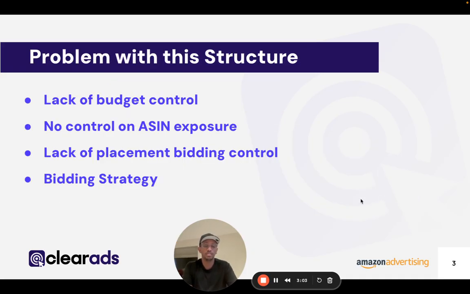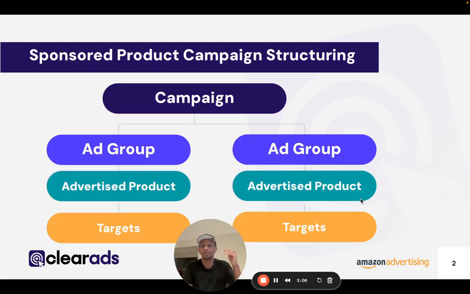And then placement bidding. Placement bidding is done on a campaign level. So if we notice, for example, that one of your campaigns performs really well at top of search, it costs a lot more, but the conversion rates are higher, it's more efficient. If you then adjust your bidding, so you're spending 100%, 50%, 200% on top of placement bids, and you don't have a good concise structure, any of the given products could be appearing at the top of search.